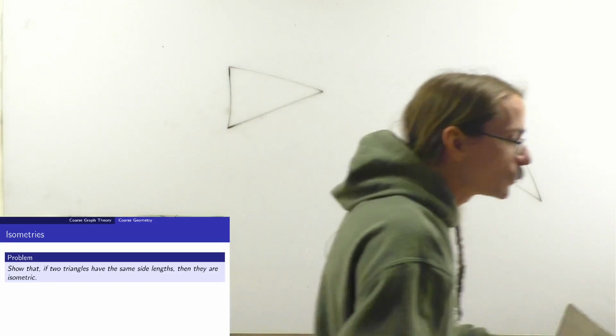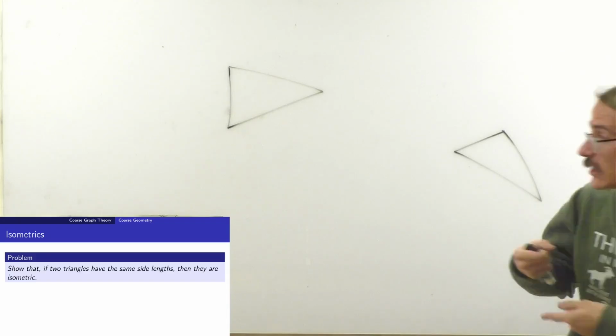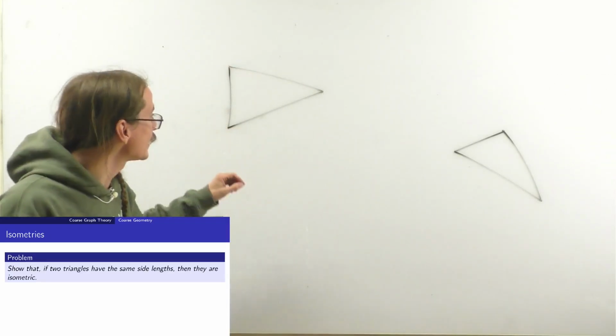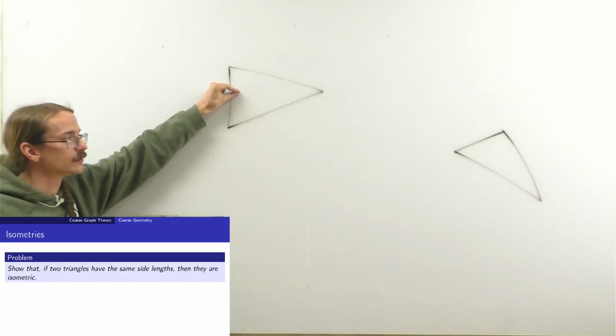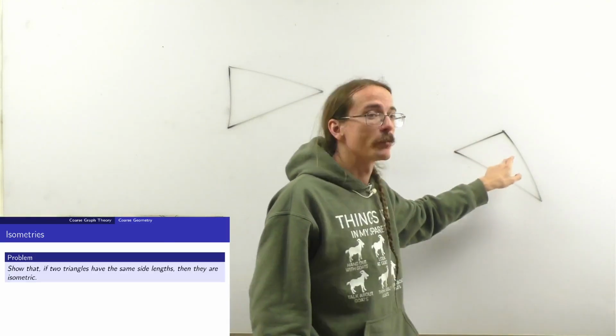We want to show that these 2 triangles are isometric. That means we want to build an isometry, something that keeps all the distances between them the same, when I pick a random point out of this triangle, and I take it and I drop it over here somewhere.